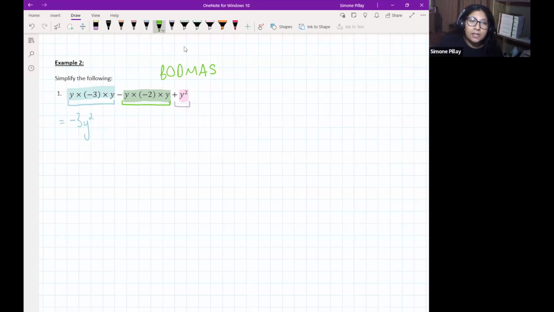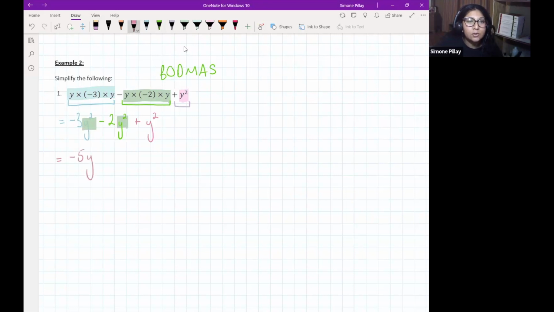And then if I simplify the next, I can say y times y again, which is y squared, multiplied by -2, and bring down my little pink guy over here of y squared. I hope you guys are seeing now how easy this one was. And last step for us to close off our night: we have like terms over here, y squared and y squared. -3 minus 2 is going to leave me with -5.